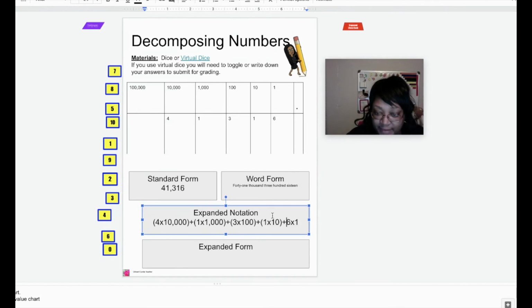What did I forget? Forgot the parentheses. Don't forget your parentheses, Miss Woods. And that is how you write a number in expanded notation. Good job.